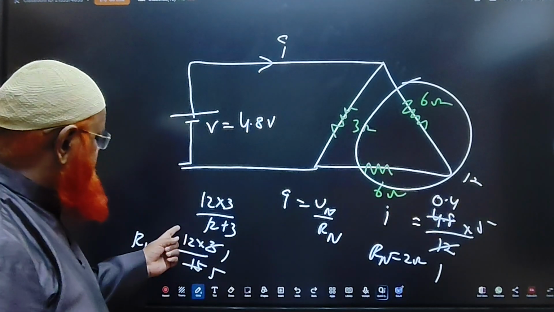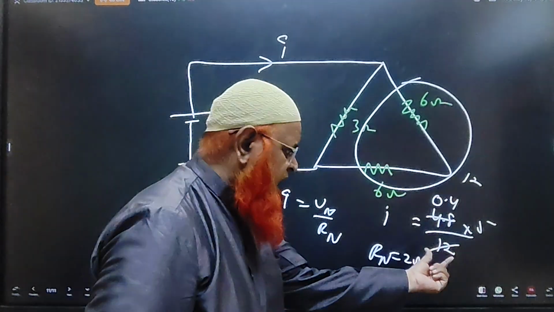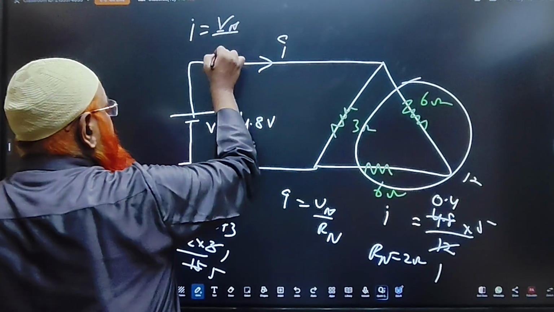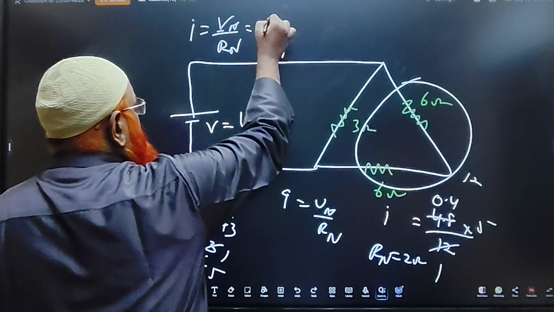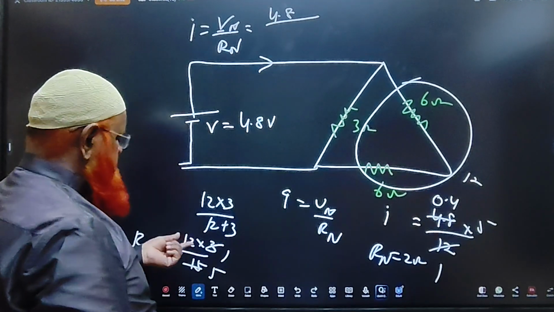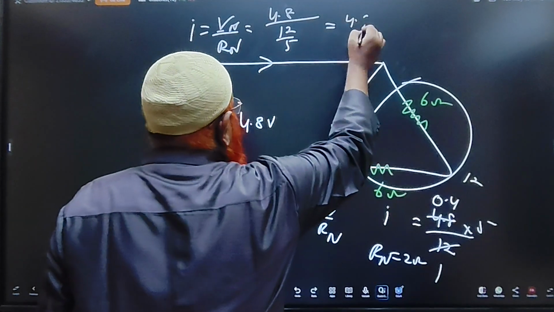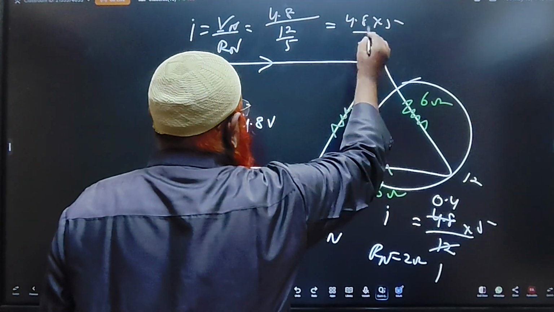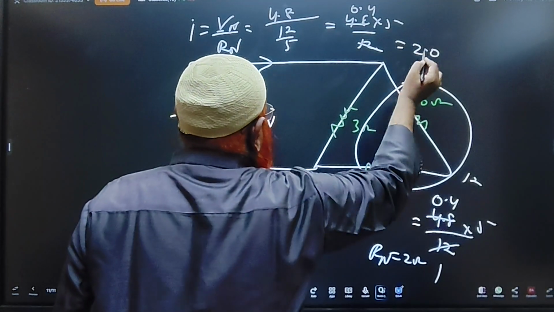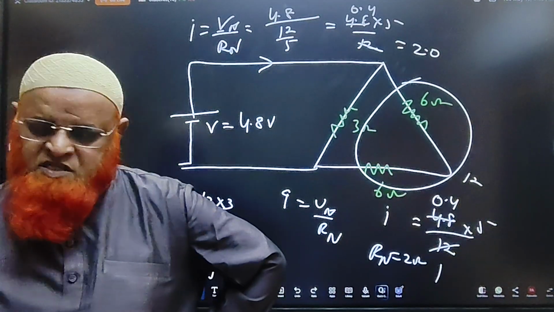R net, how much are you given? 12 by 5. So 12 divided by 5 means 4.8 into 5 by 12. 12 ones, 12 fours, 0.4. So 4 fives are 20. So the answer is how much? 2 amperes. Is it okay? Shall we stop?